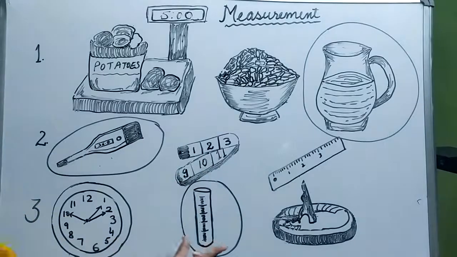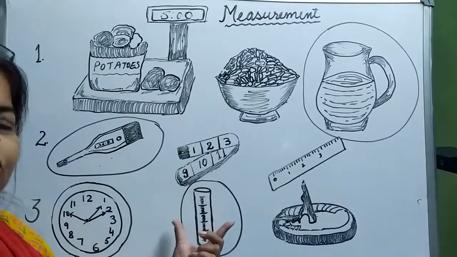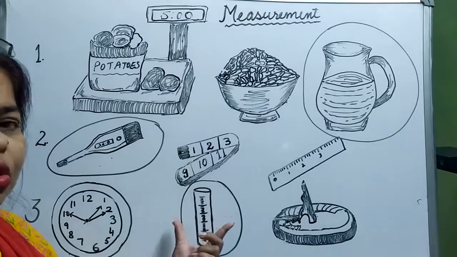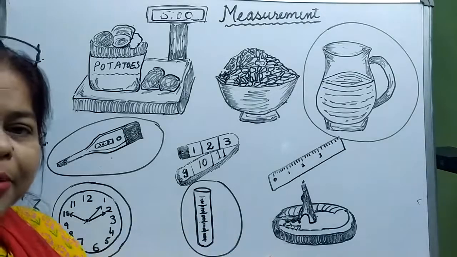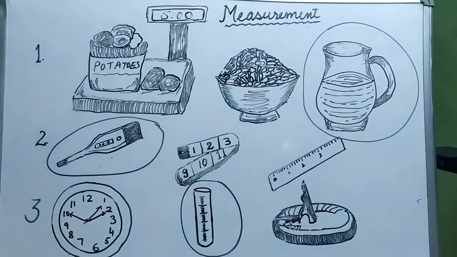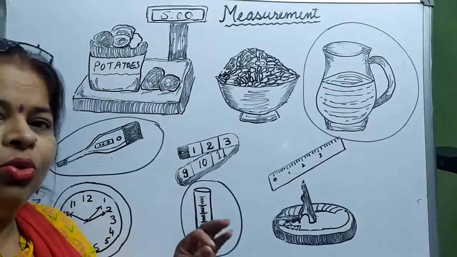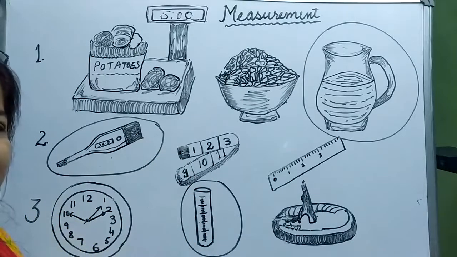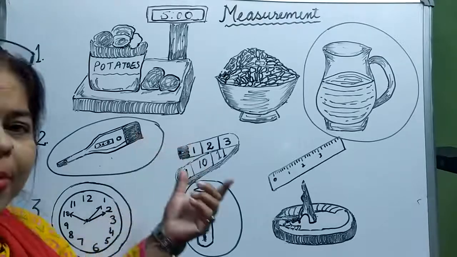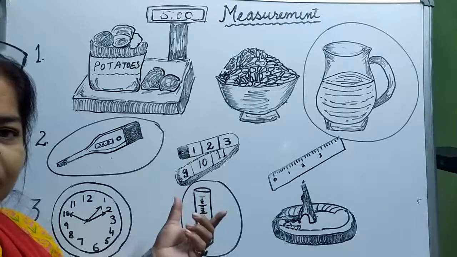Then in the third one, the test tube is the odd one out, because it is used to measure the quantity of a substance, while these two are used to measure time. So this was just an icebreaker activity to let you know about measurement, what we are going to study in this chapter. I hope everyone has come to know about this activity.